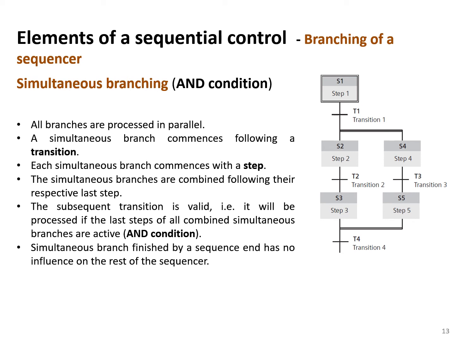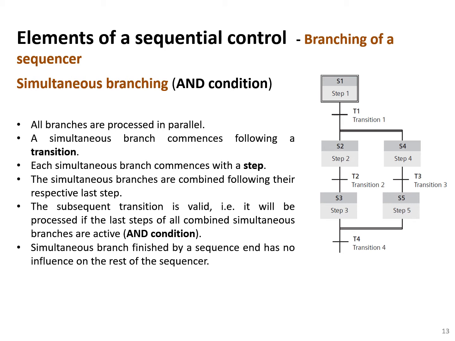Simultaneous branching, or AND branching. So you see that we have this double line here. These are the main characteristics of simultaneous branching. It shows that we are in a simultaneous branching or AND branching, and we only have one transition here.